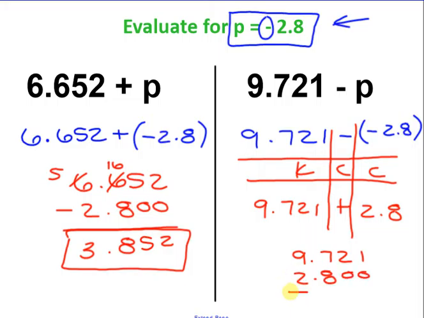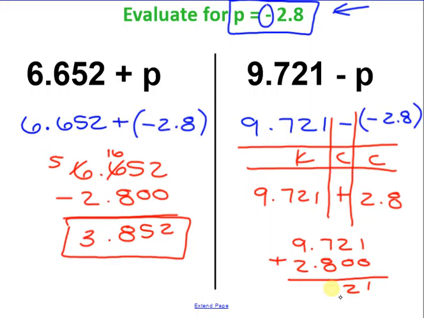Add zeros as placeholders. 1 plus 0 is 1. 2 plus 0 is 2. 7 plus 8 is 15. Bring down my decimal. 9 plus 1 is 10. Plus 2 is 12. Final answer is 12.521.